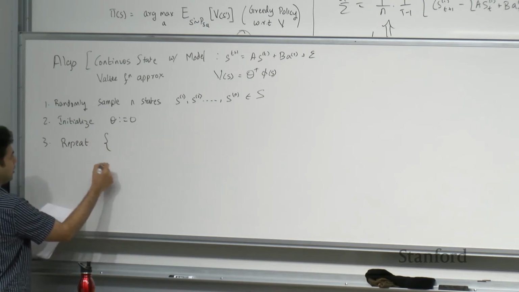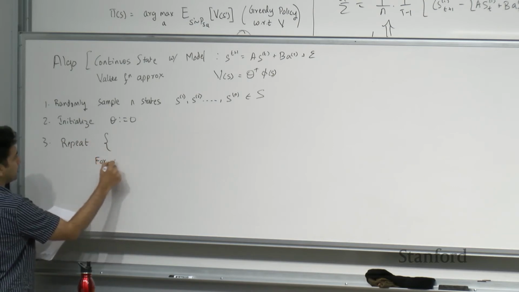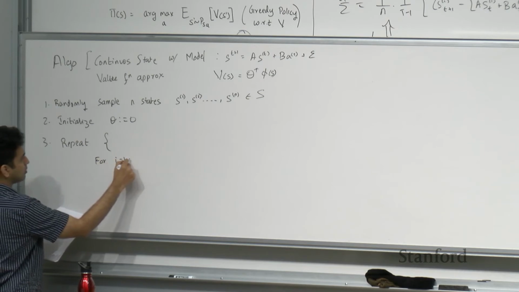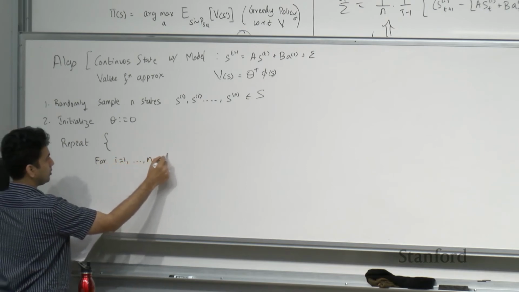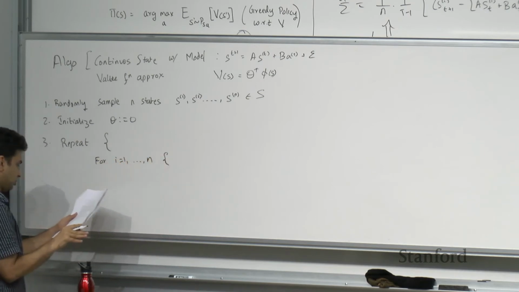Now there is an inner loop here, for i equals 1 to n.